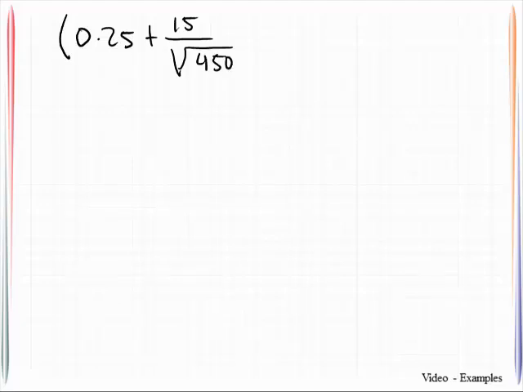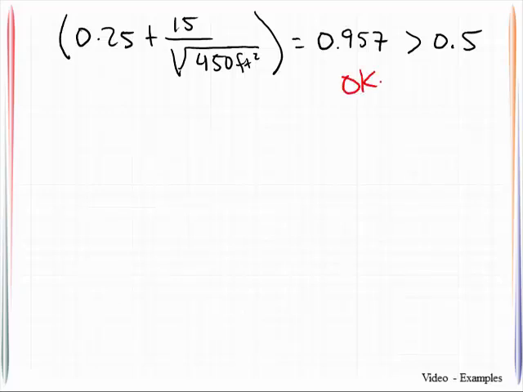So we want to go ahead and compute the reduction factor for this. 0.25 plus 15 over the square root of KLL AT, which we've already found out to be 450 feet squared, and this will be 0.957, which is greater than that 0.5 threshold, so we will consider this to be an okay reduction.